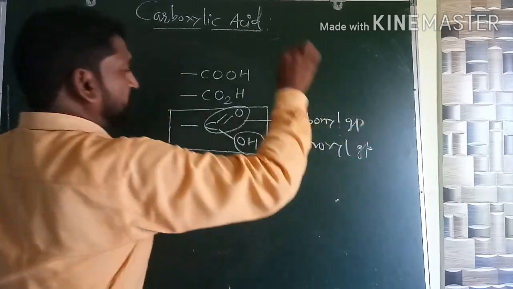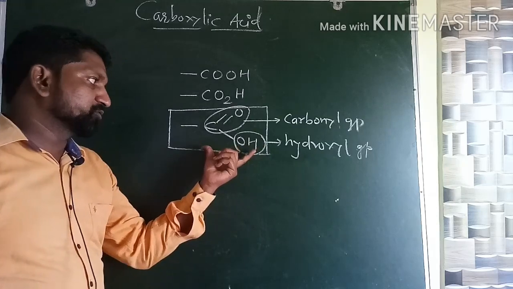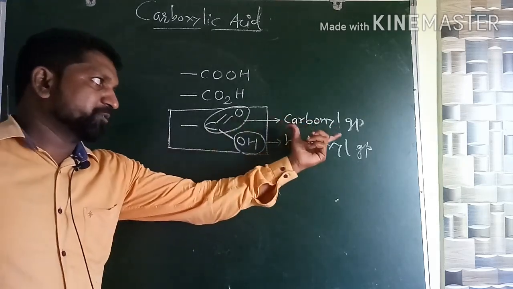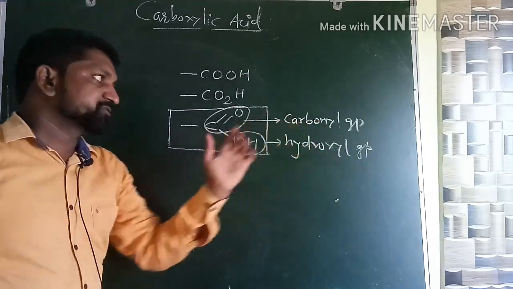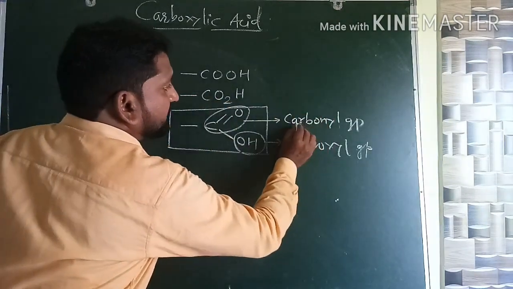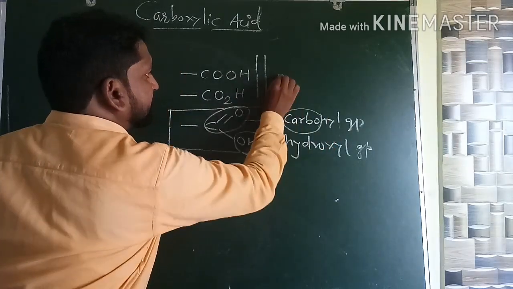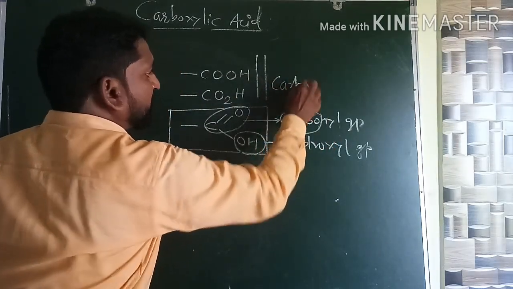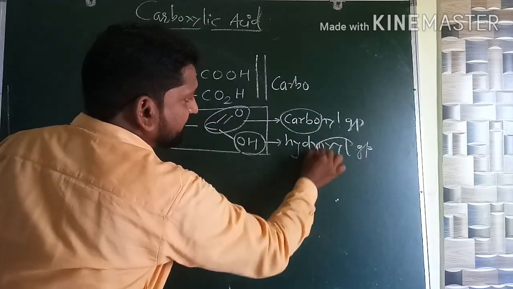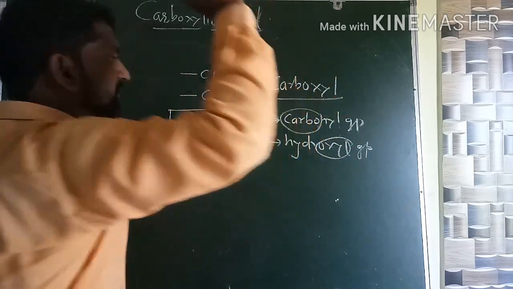Therefore this type of functional group is also called a bifunctional group, because it is made up of a carbonyl group and a hydroxyl group. Therefore its name is taken like this: carbo from the first and oxyl from the second, therefore it becomes carboxyl group.